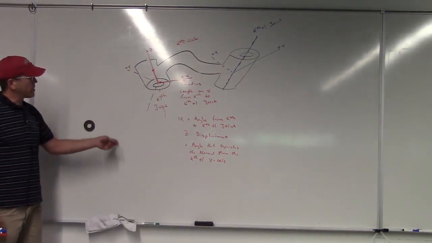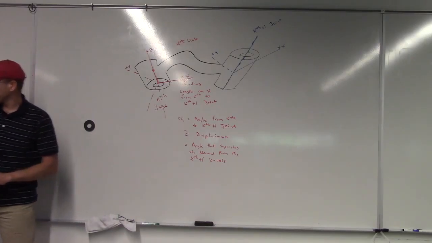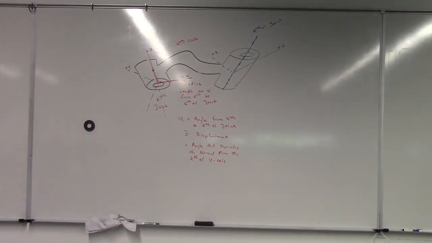These four parameters are what are known as the DH parameters, the Denavit-Hartenberg parameters. These were actually developed in the 60s by two PhD candidates at Stanford University down in California, and they've since become the way of parameterizing these lower pair descriptions.